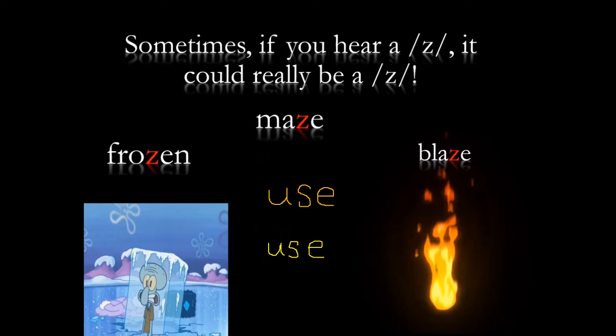That's a little confusing too. So the more we read, the more we practice, the better we'll be able to find the difference between S as an S sound and when it makes a Z sound and when we really have a Z. Oh, it's so confusing. Okay, let's move on.